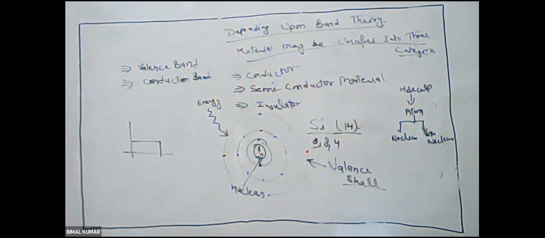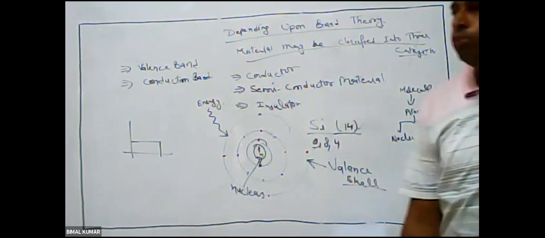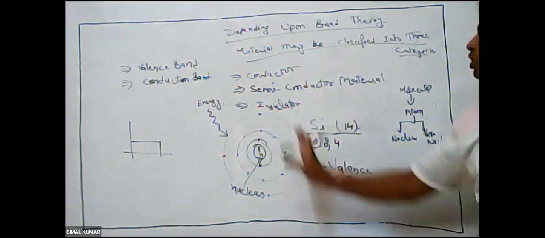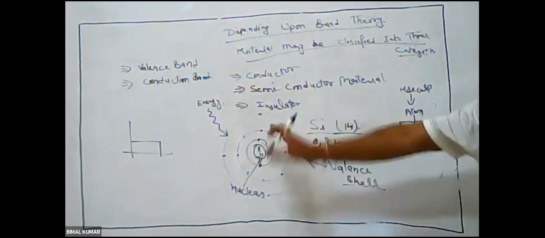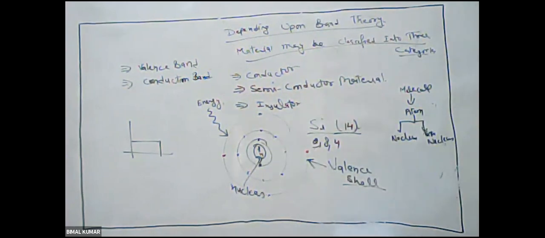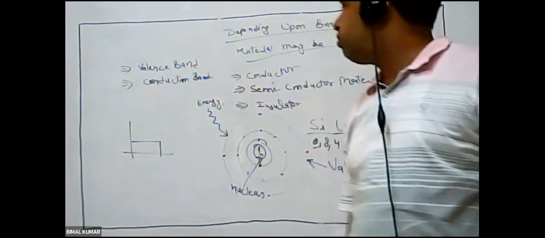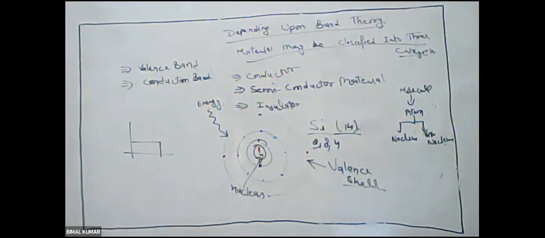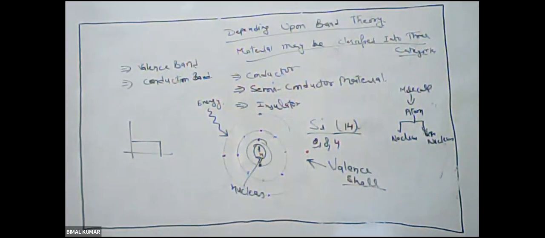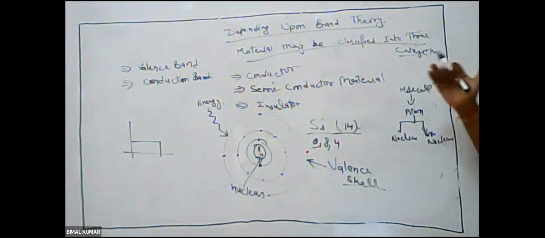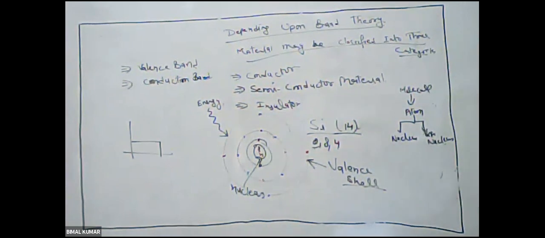Those atoms will not release their last orbit electrons even after supplying a very high amount of energy; the electrons will not get free from the parent atom, right?